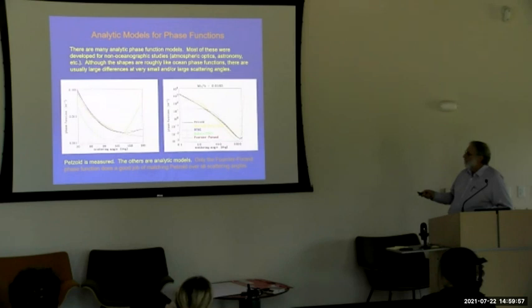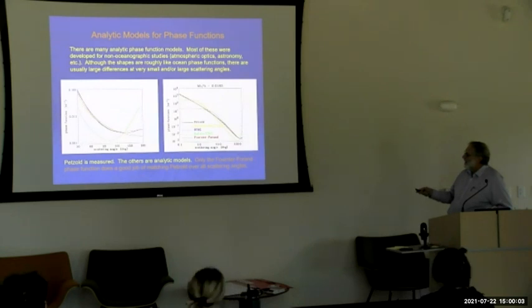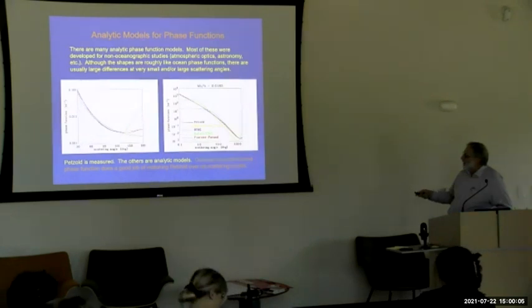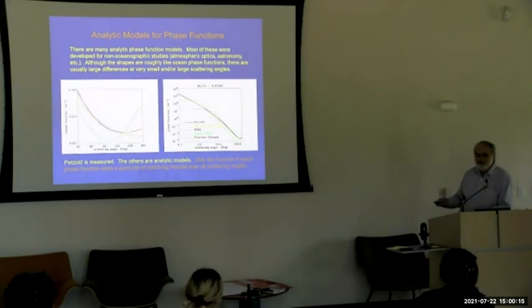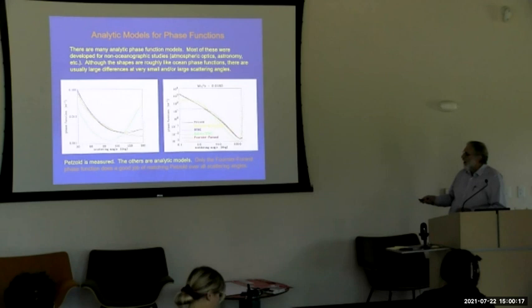I'm only going to mention one, which is called the Fournier-Forand. We see the black curve here, which is the average Petzold, and the red curve does a pretty darn good job of matching the black curve, whereas these other models that people have cooked up over the years are often way off at small angles and way off at the big angles.